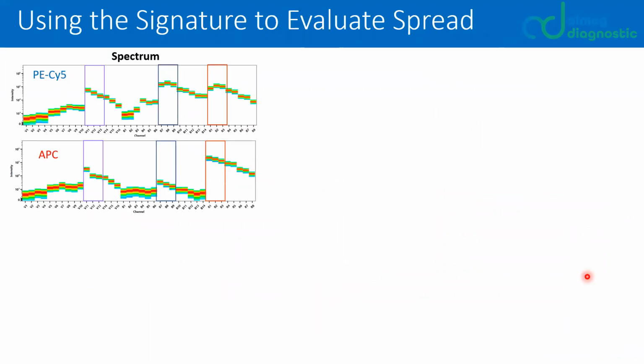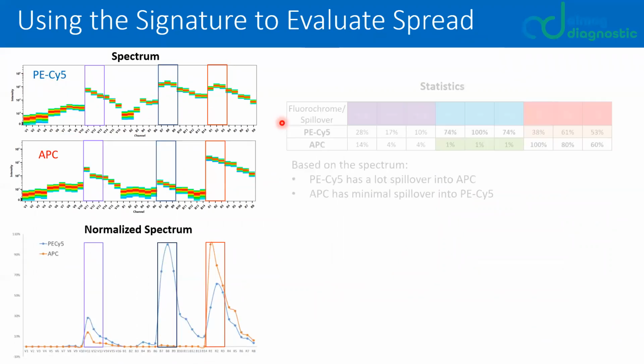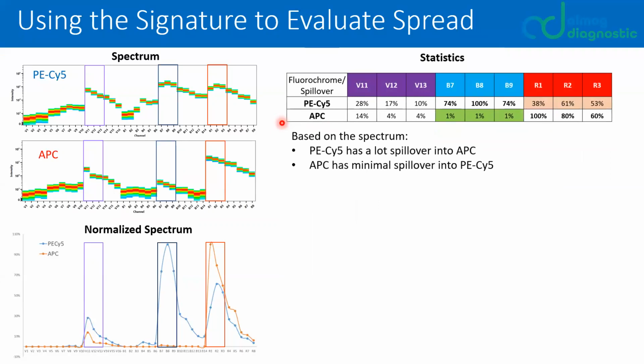Another important use of the signature is to evaluate spread or spillover between two dyes. You can see here two colors, PerCP-Cy5.5 and APC, that normally you read on different lasers. The PerCP-Cy5.5 you use on the blue laser and the APC on the red laser. But if you look at the entire spectrum, you can see that the PerCP-Cy5.5 has a lot of spillover into the APC.